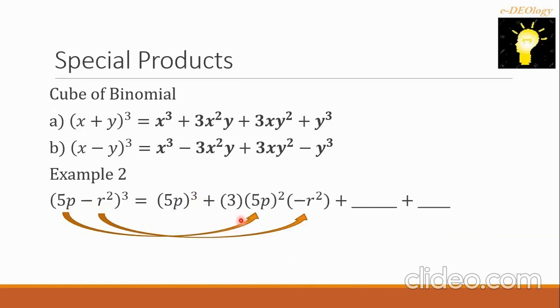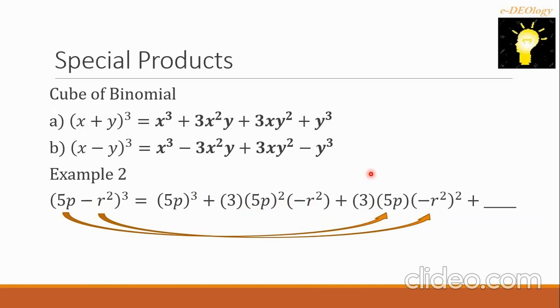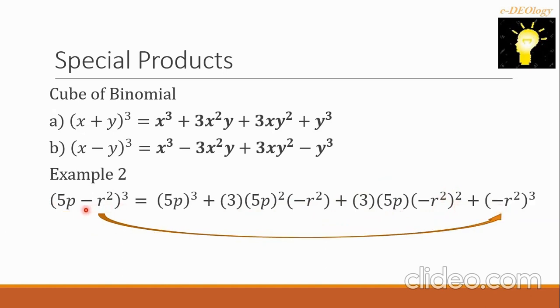In the second blank, the constant 3 must be there, and I'm going to copy these two terms, but the first term 5p must be squared. In the third blank, the constant 3 is there, and then I copy the two terms again, but now the second term, negative r squared, is squared. And the last blank, the negative r squared is raised to 3.